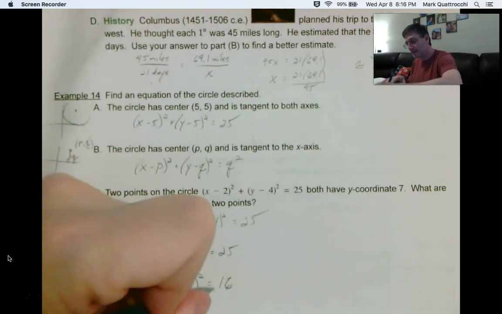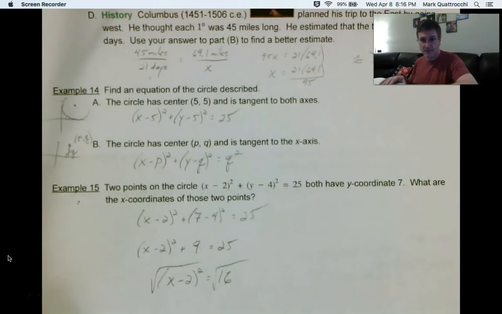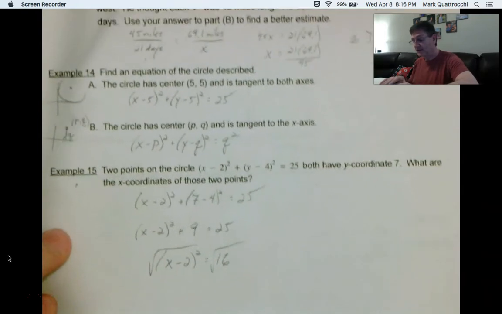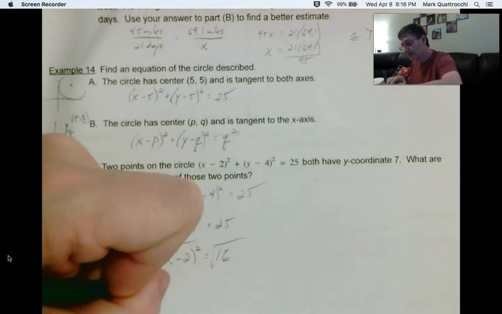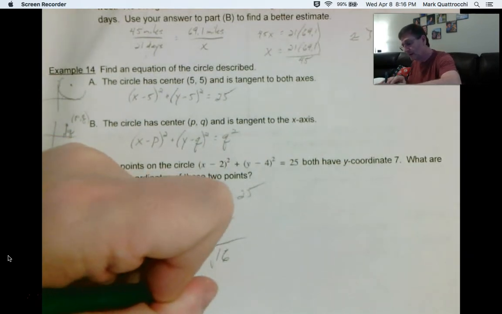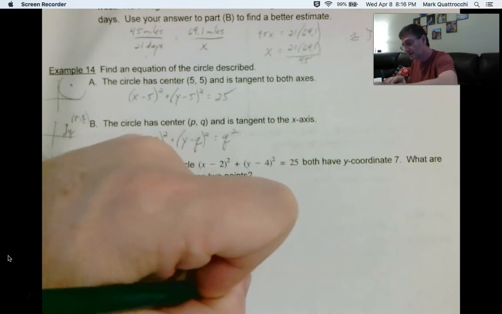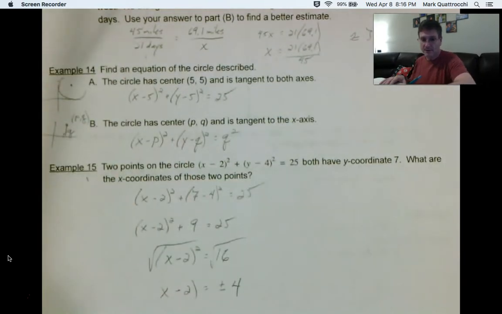Square root both sides because we want to get x alone. And here's where we get our 2 answers. When I put that square root into the equation, we have to put in plus or minus. x minus 2 equals plus or minus the square root of 16, which is 4.